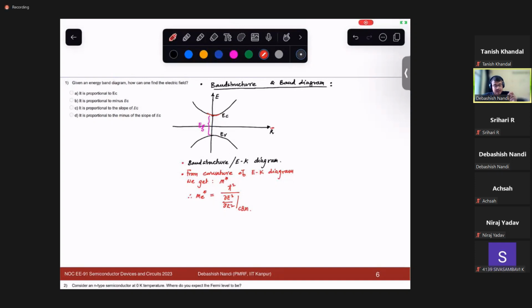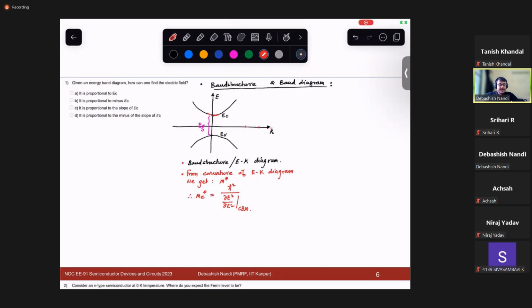There will be gamma points, X points, planes, and some Miller indices written in this. So K is a vector, remember, a three-dimensional quantity. For simplicity, we are just taking it as one-dimensional as of now. So this is called your band structure.